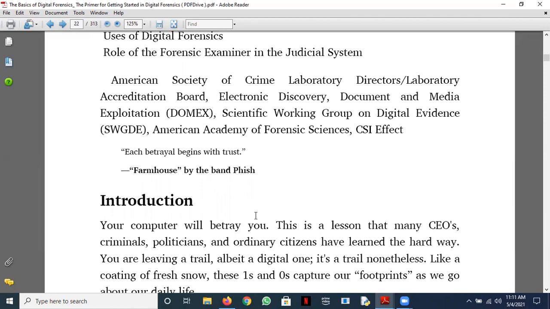This is a lesson that many CEOs, criminals, politicians, and ordinary citizens have learned the hard way. I hope you agree with this. Nobody can escape this. If you are not careful, then this can go against you. So you must be very careful while using your computer or your mobile or your electronic devices. If you are leaving a digital trail, somebody can use it.